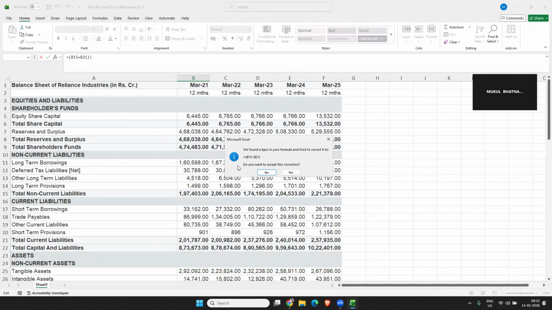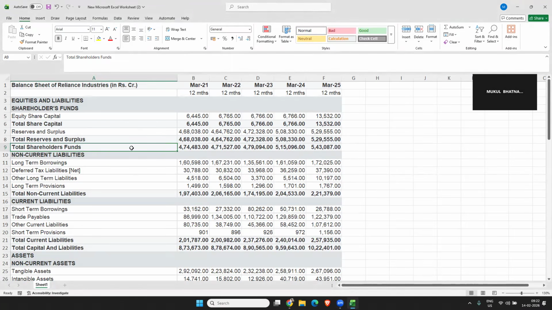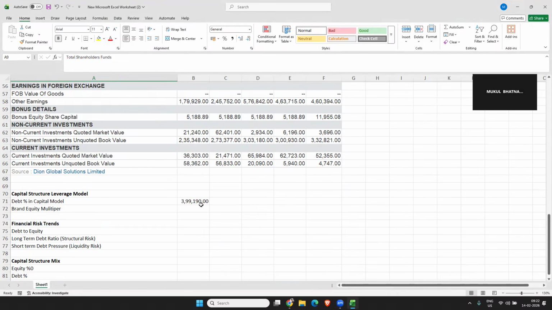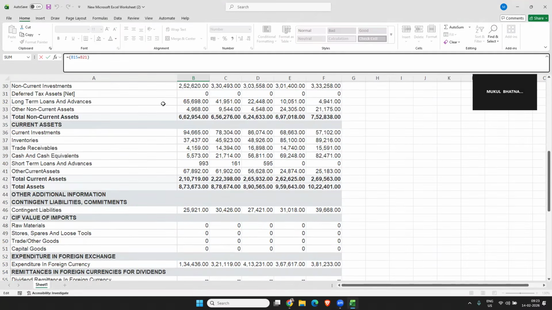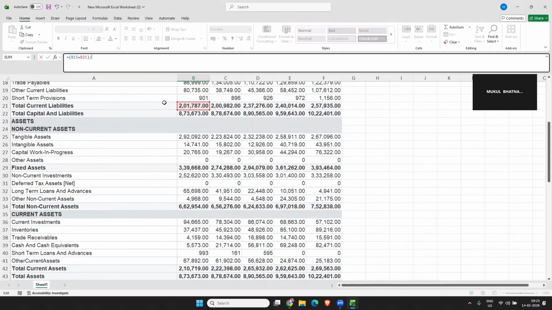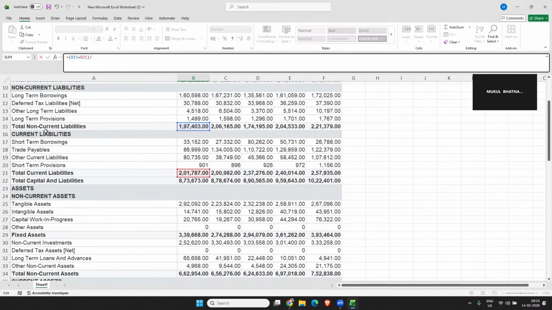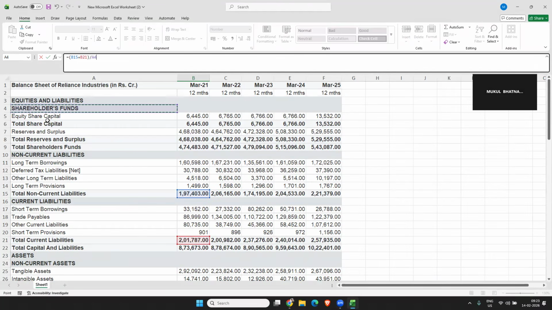Just wait, there is some issue. Let me write this formula again. So yes, two things have been added, non-current liabilities plus current liability. We need to divide it with shareholder funds. So here you can see shareholder funds are written and this is the total shareholder funds. Plus, again, what was there in the numerator?